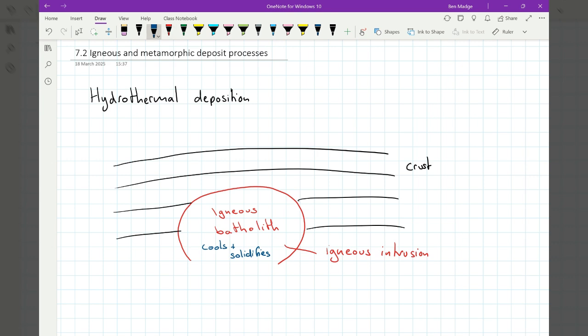And what you find is you get a convection current as water is heated by close contact to this igneous intrusion. And this hot water finds its way up through fissures and faults in the rock until it reaches the surface. And this becomes a hydrothermal vent.